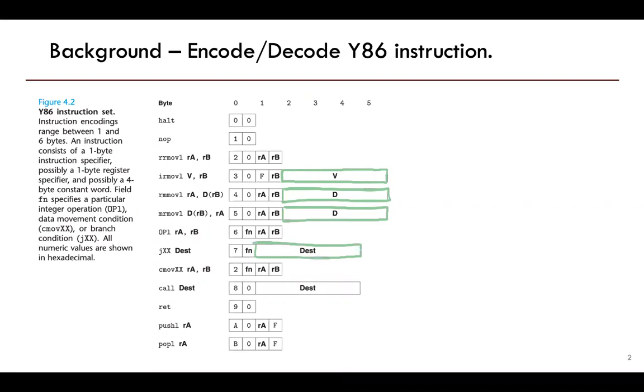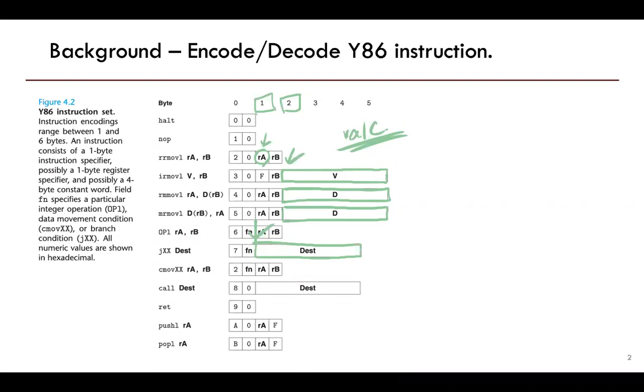So when we want to get rA, for example, we just fetch the first 4 bits in the second byte, for all the instructions. But when we want to take valC, which is V, D, or Dest, their start position is different. Like for V and D, it starts at byte 2, but Dest starts at byte 1.